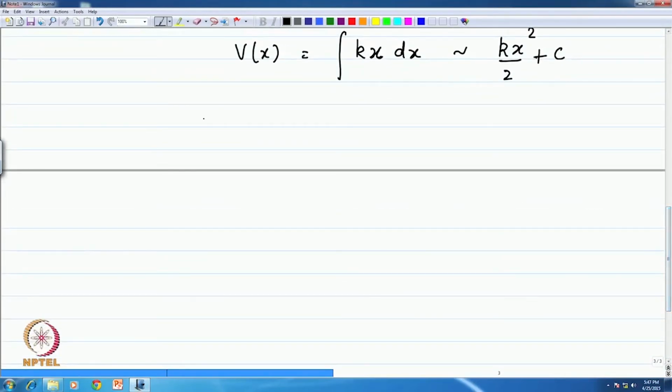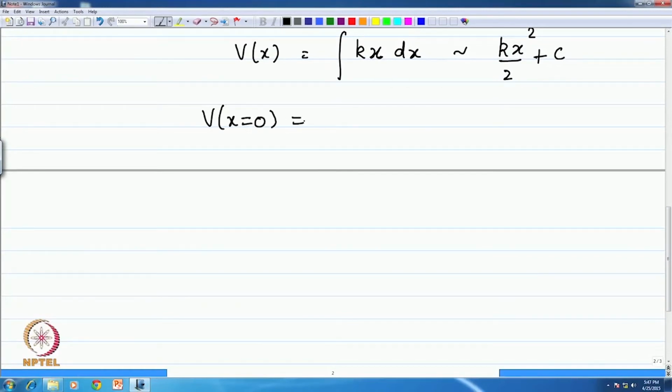We can always choose that the potential at the equilibrium, that is, x equal to 0, is 0, which means that the constant can be chosen to be 0.